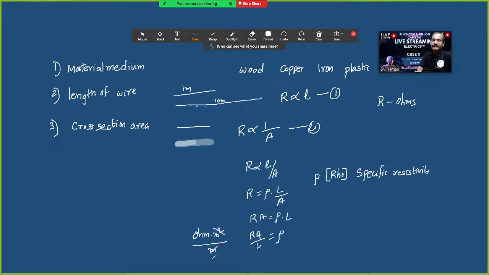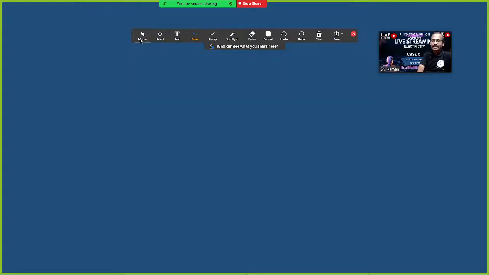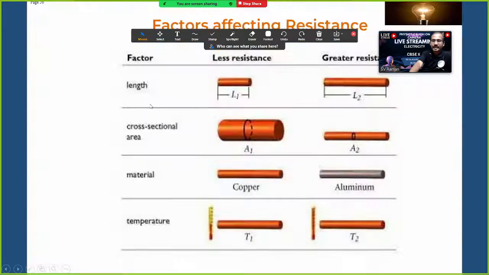Meter will be cancelled, so the specific resistivity unit is ohm meter. Here this is only ohms. So here is one more question, an MCQ, there are chances to ask: units of resistance and resistivity.